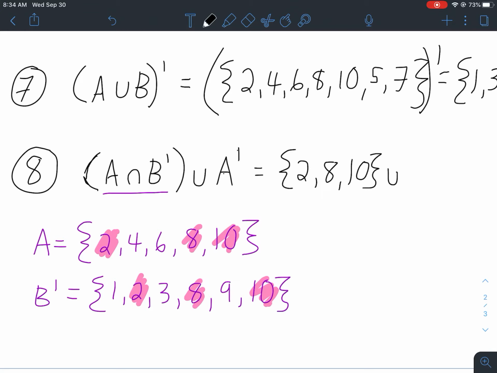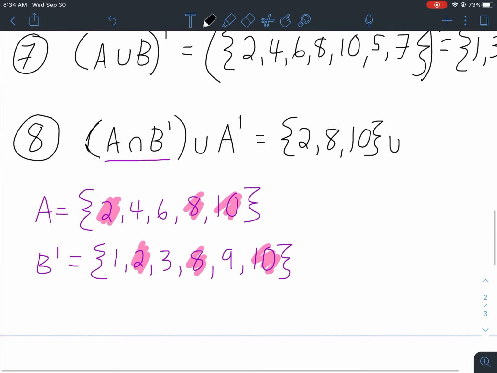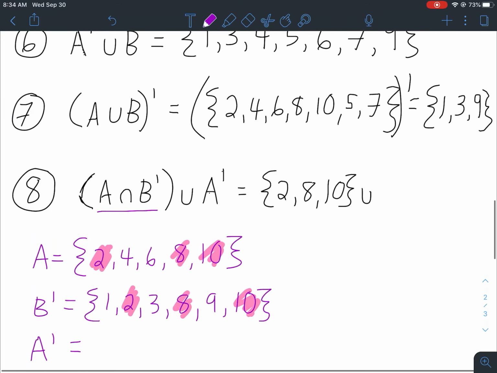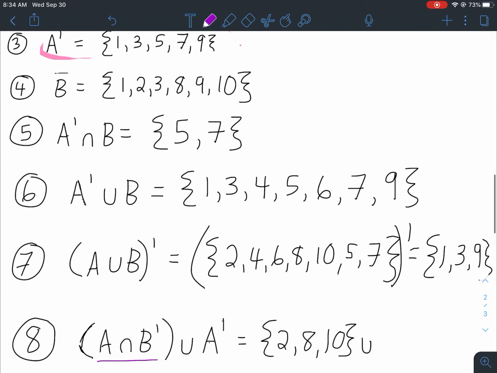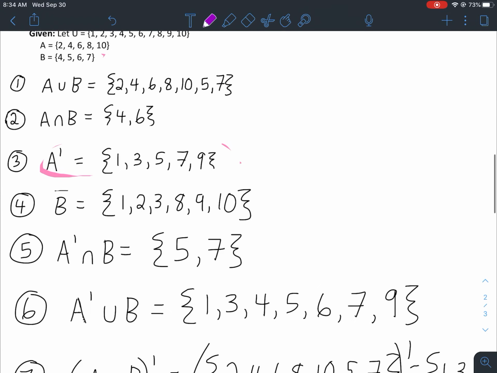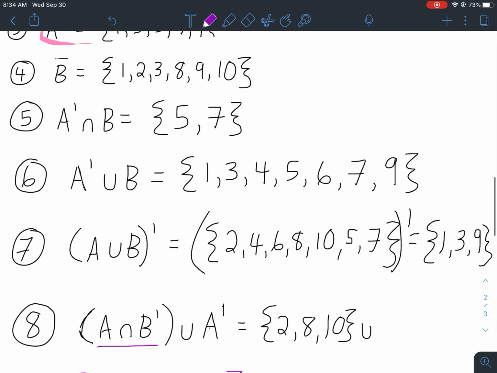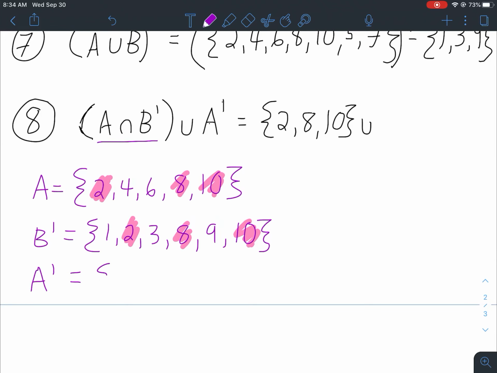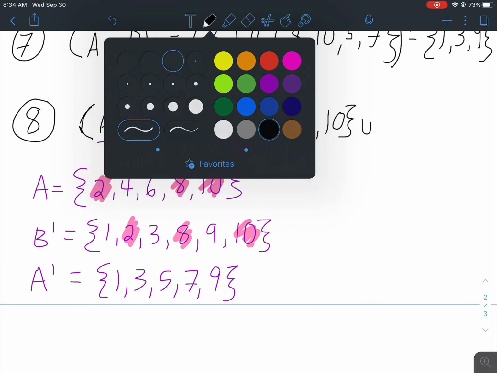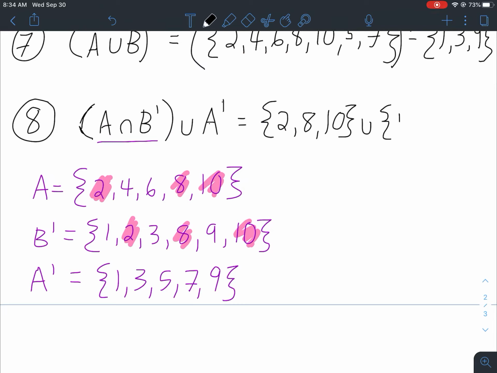But we still have to take the union with A complement. So let's write down A complement over here. So everything that's in the universal set that's not in A, we already found it was 1, 3, 5, 7, 9. So I'm going to bring that down here. Okay, and I'm just going to write it over here so we can compare them.